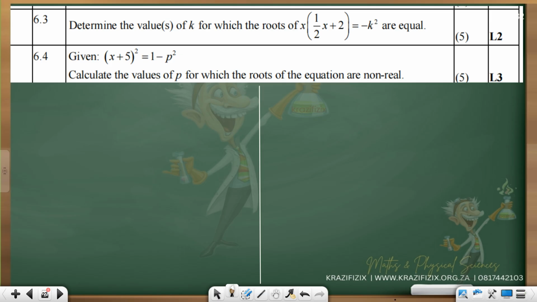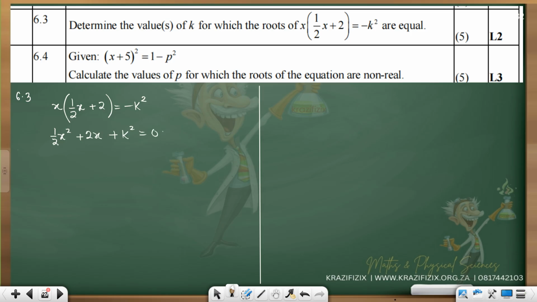Determine the values of k for which the roots are equal. Okay, 6.3. X into 1 over 2x plus 2. All right, guys, I cannot do anything until I write it in standard form. So let's expand. Half x squared plus 2x plus k squared.